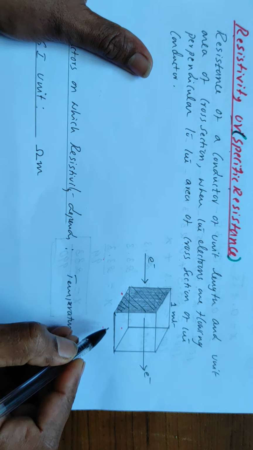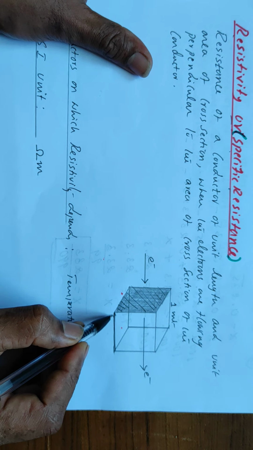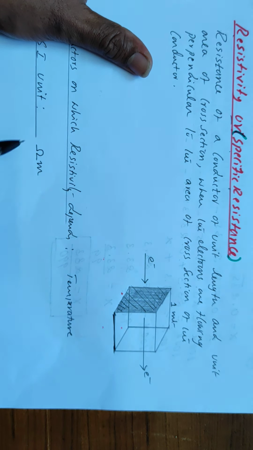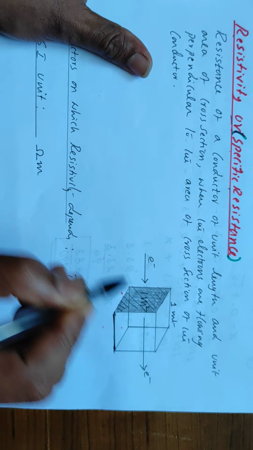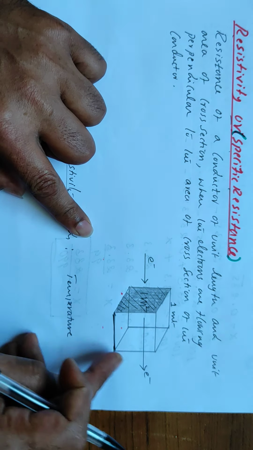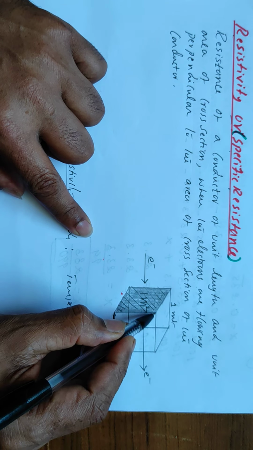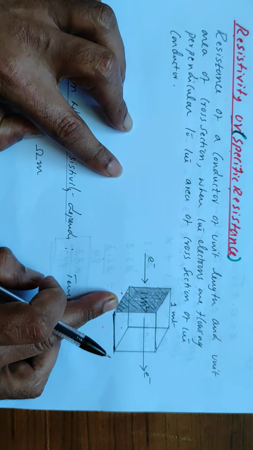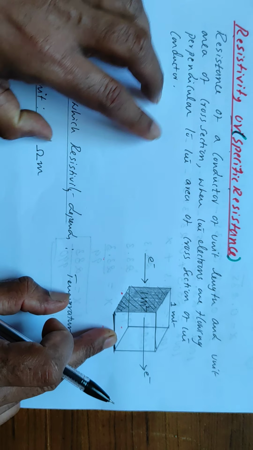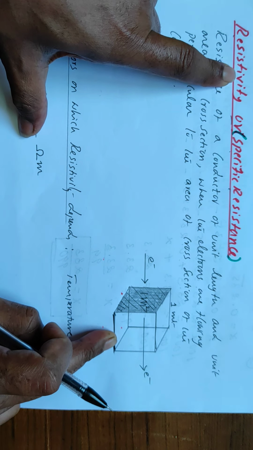For example, I have taken a material of length 1 meter and area of cross section 1 meter square. So the resistance of such material is called resistivity.